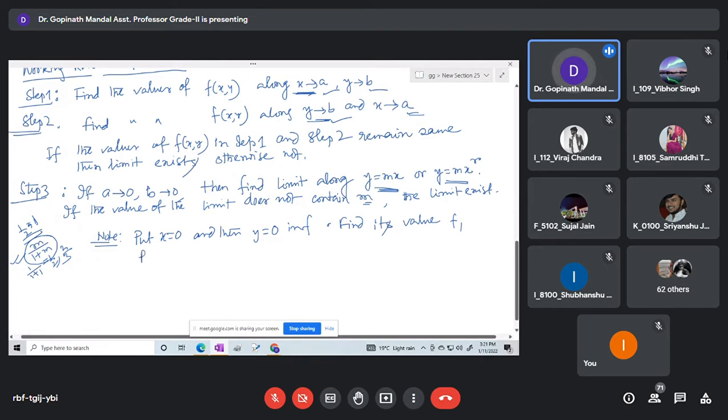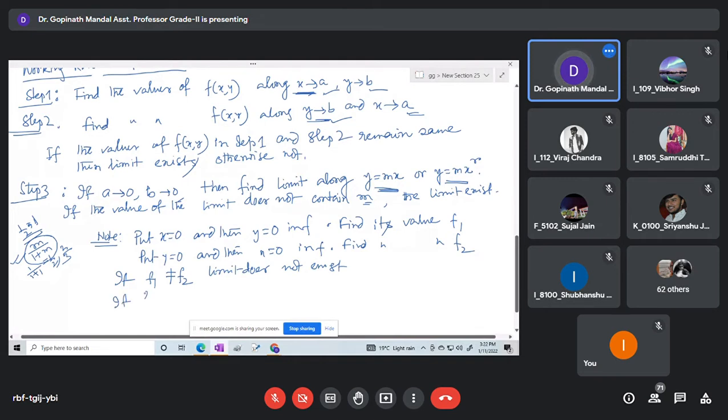In the second case, put y equal to 0 and then x equal to 0 in f, then find its value, say f2. If f1 not equal to f2, the limit does not exist.